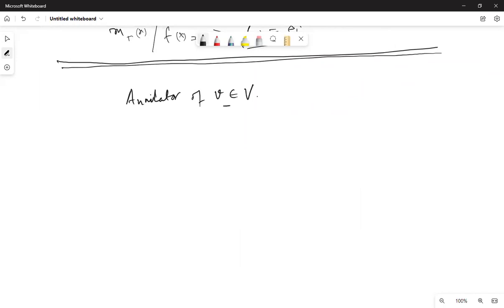Let v belong to V. What is that? V is a vector space over F with dimension equal to n. Then if T is an operator, consider v, Tv, T squared v, and so on, T raised to the power n of v.